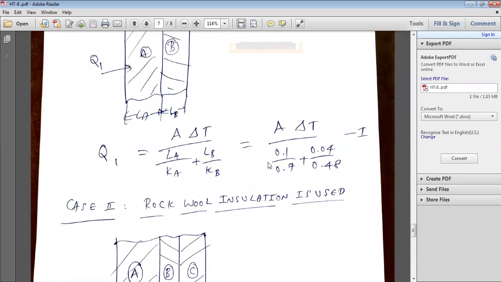That is equation number 1, if no rock wool is used.